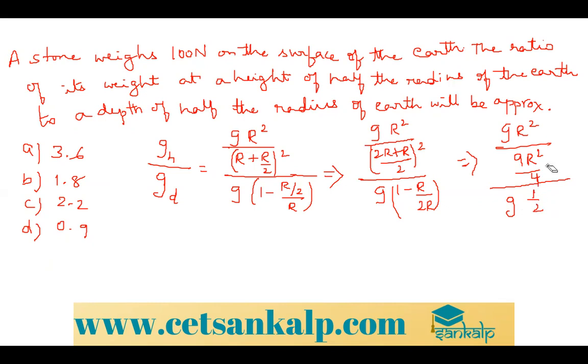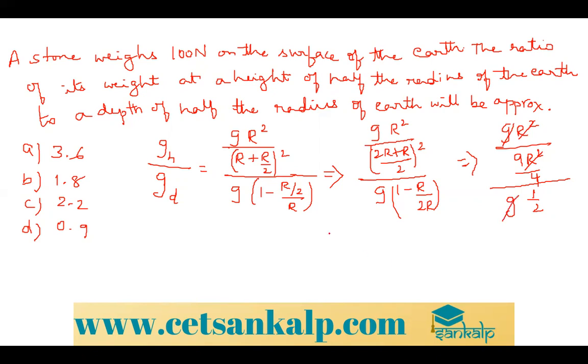So you can write this as R square and R square get cancelled, g and g get cancelled.